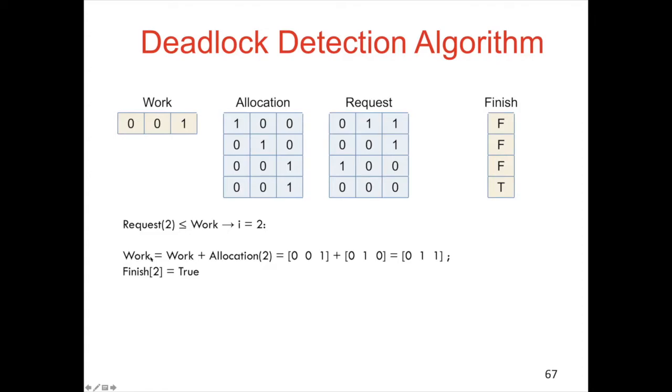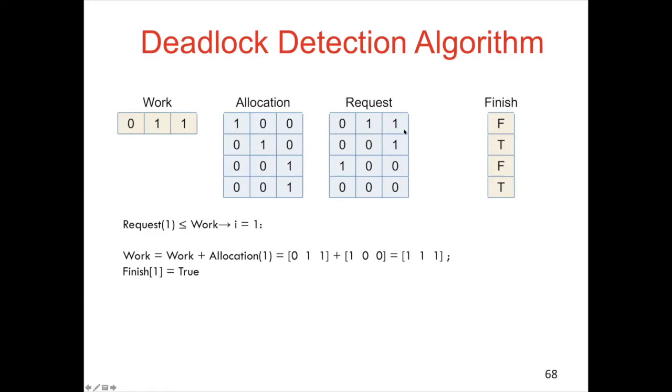And then we are setting work as work plus allocation 2. So it is 0, 0, 1 plus 0, 1, 0. So it becomes 0, 1, 1. And also finish 2 is going to be set to true. Therefore, we have work as 0, 1, 1. And here the value for finish 2 is also true.